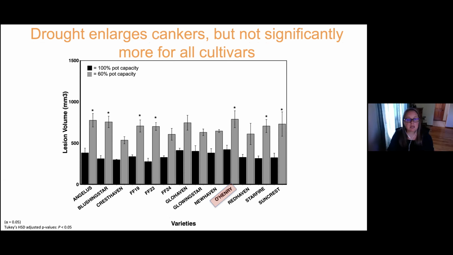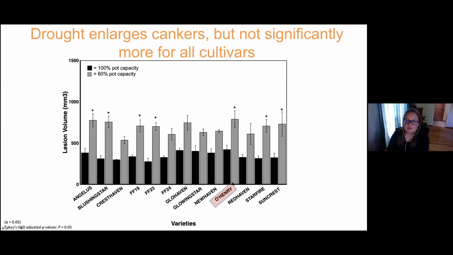In some cases, like in this Cresthaven group, you still get larger lesion sizes, but they're not significantly different. So it may mean that some cultivars can deal with drought stress better than others. That's where we'll head next: to look at whether Glowing Star and New Havens should be grown because they can deal with drought stress, where with Cytospora their lesions are larger, but not significantly larger than in others.